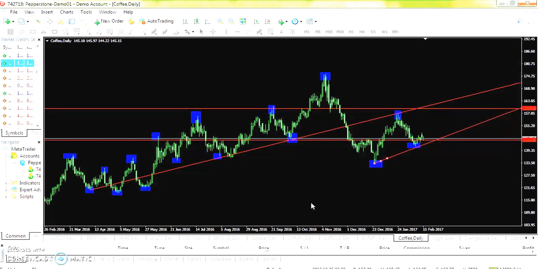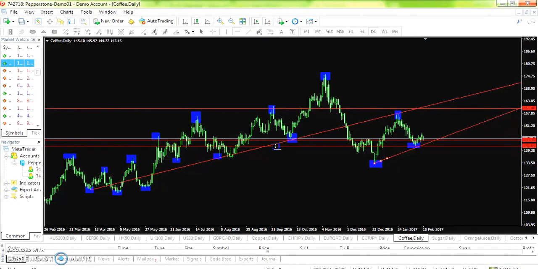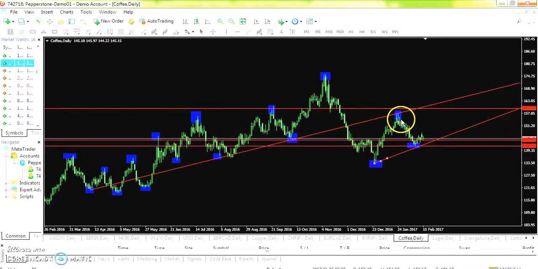So if the market breaks this level somewhere around, you may call, okay, at this particular point at 141.54, go short. The stop loss would be at around 159.40, and double of this risk would be your reward.